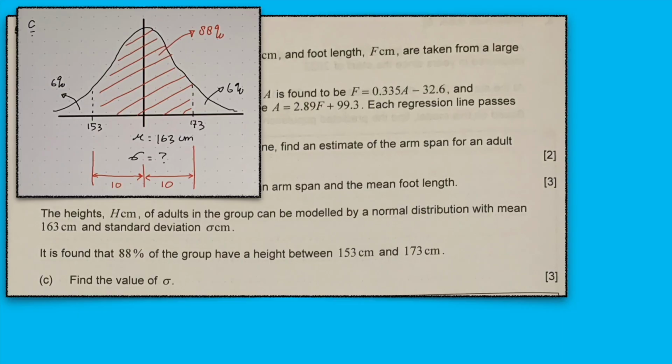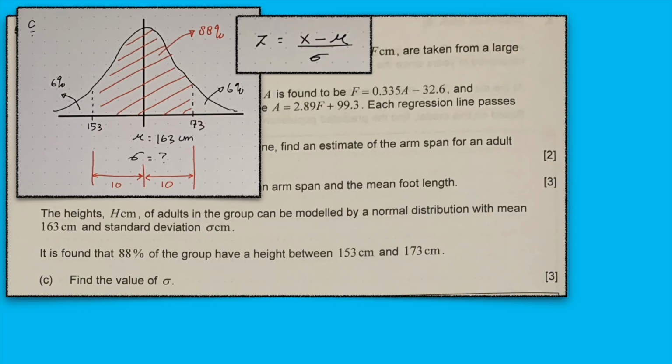In normal distribution problems, this is the formula that is given in the booklet. z = (x − μ)/σ, where μ is the mean and σ is the standard deviation, meaning we need to find the z-score. Then we can calculate sigma. How to find the z-score?